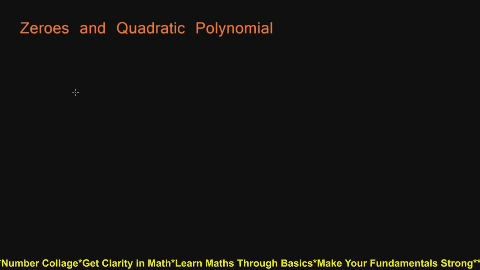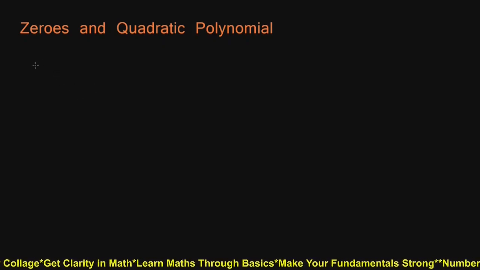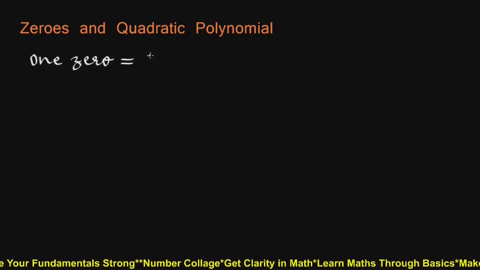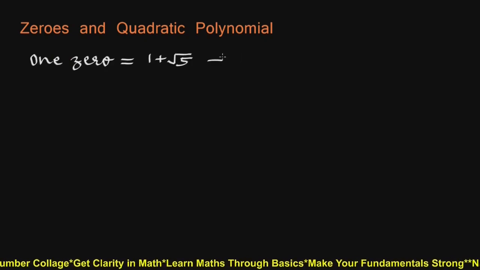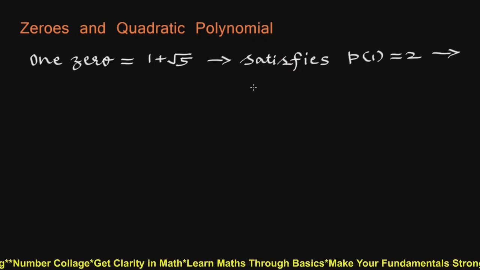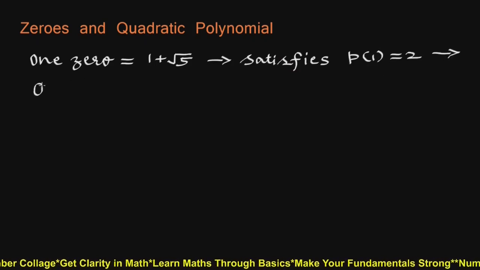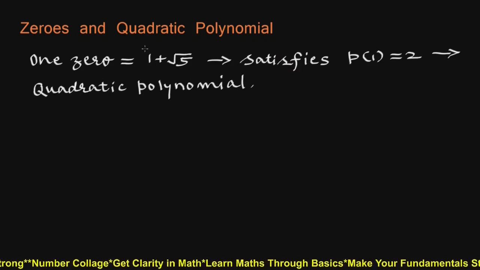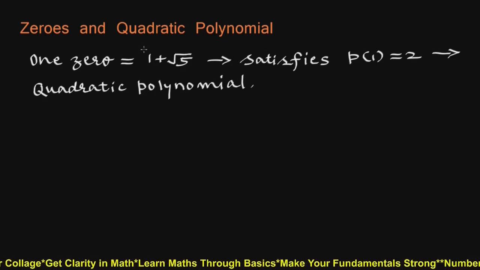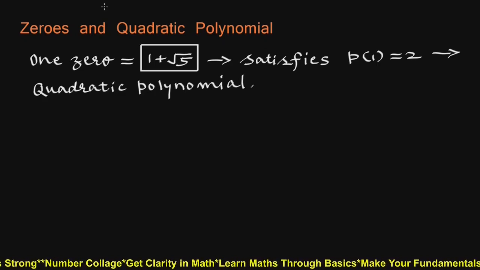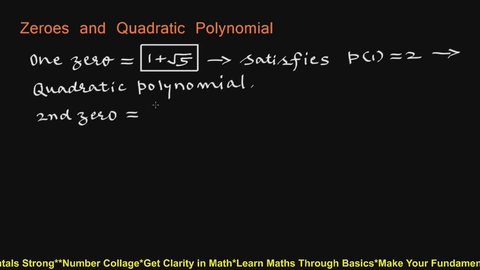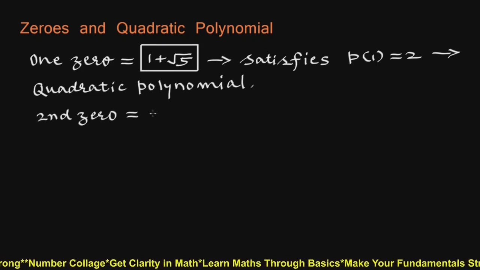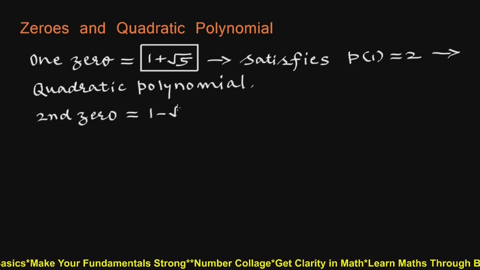A quadratic polynomial has one of its zeros as 1 plus root 5, and it satisfies p(1) equals 2. We have to find the quadratic polynomial. If one zero of the required quadratic polynomial is 1 plus root 5, then the second zero will be the conjugate of the first one, that is 1 minus root 5.